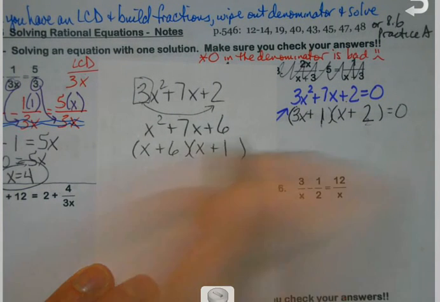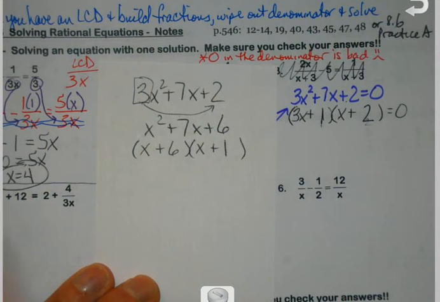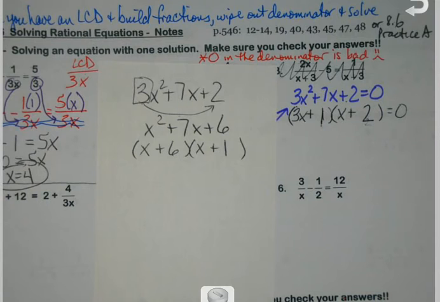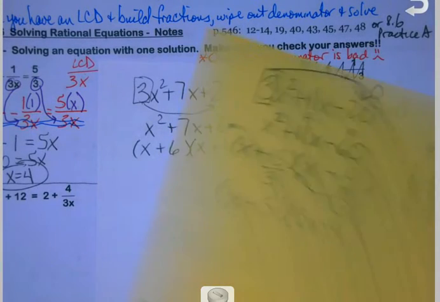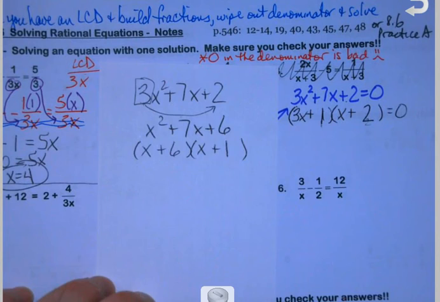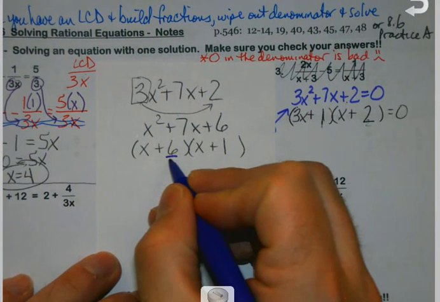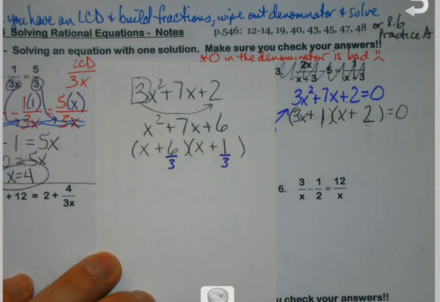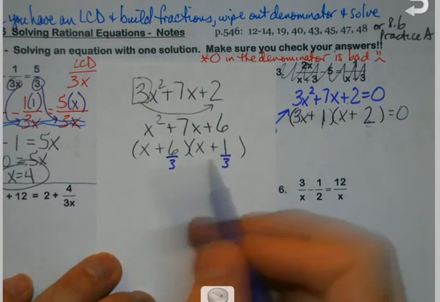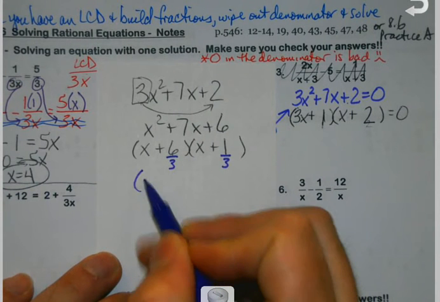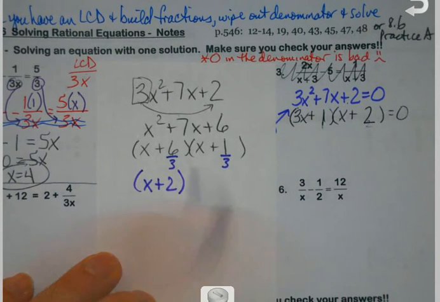I'm good there. But don't forget, if you do it the slide and divide way, and if you've got your help sheet, there's an example of how to do slide and divide on the back of it, just in case. Cheap plug for the cheat sheet. I divide that number back out, and if it goes in evenly, great.